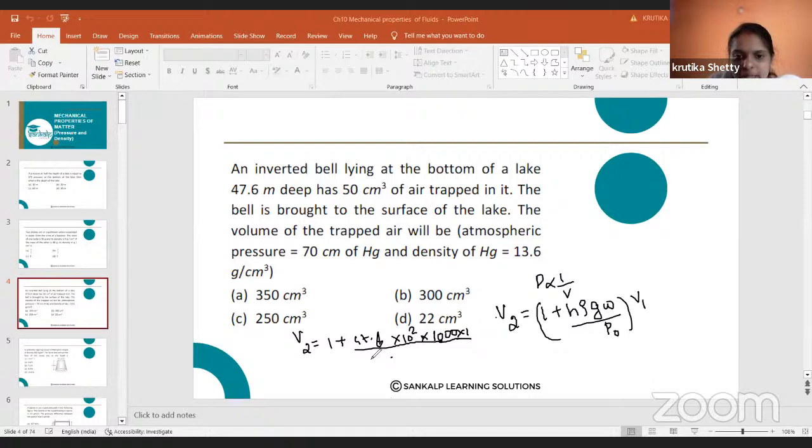So the 70 centimeter of Hg in terms of SI unit.